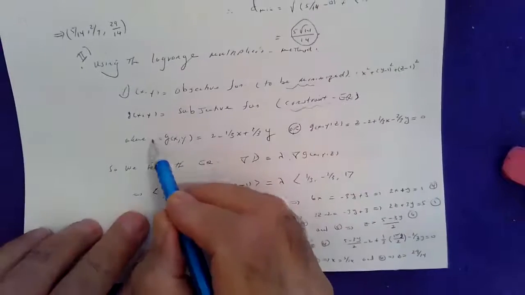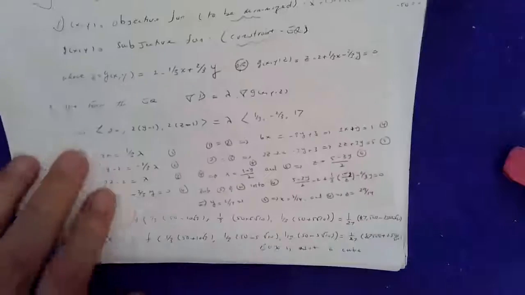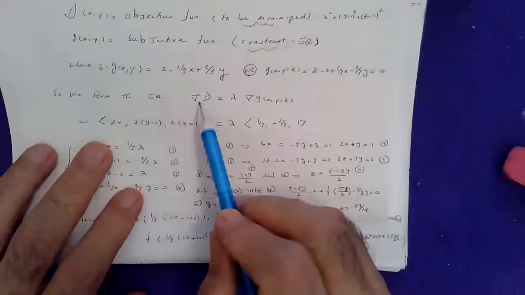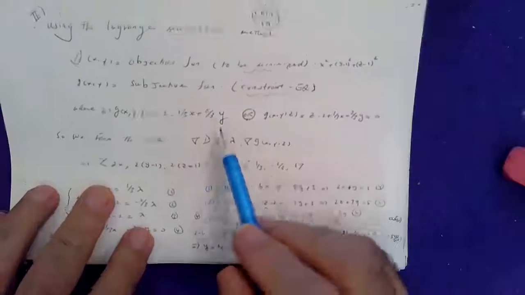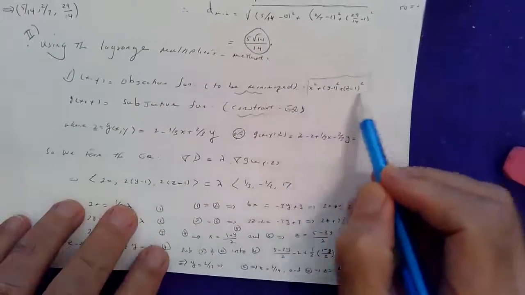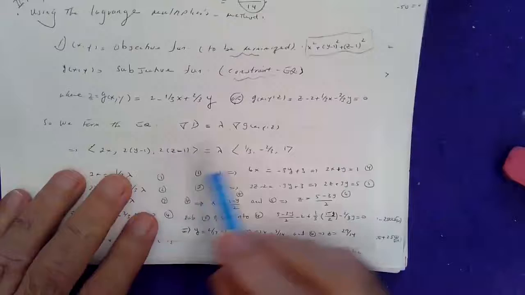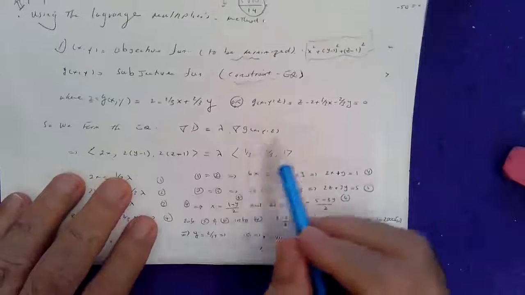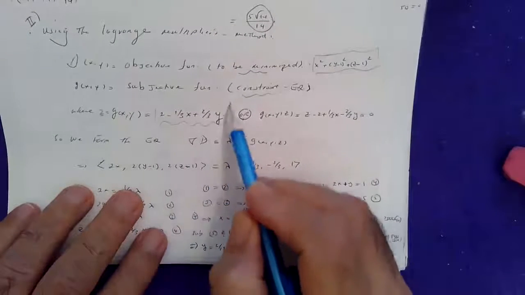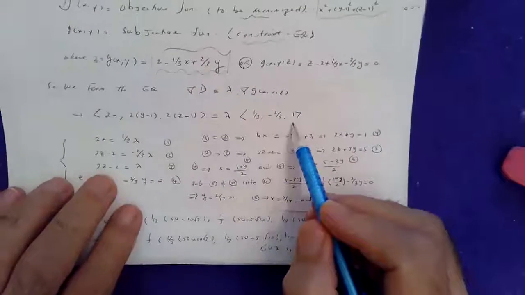Remember, this is the same as z. So if you take the gradient of D, right here, this is your D, equals lambda times the gradient of this function. And the gradient of that function is this vector.